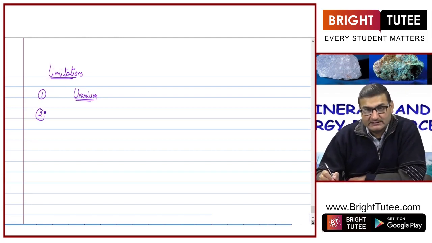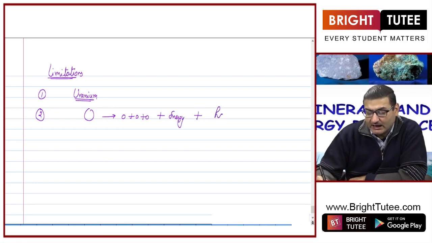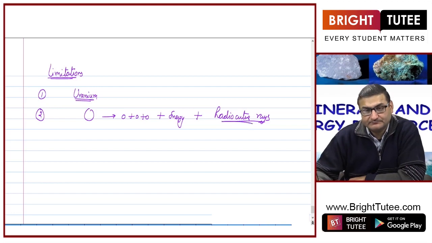Second drawback is, which is very concerning, when this process takes place, a bigger nucleus is broken down into smaller nuclei. Along with energy, certain harmful radioactive waves also get emitted.